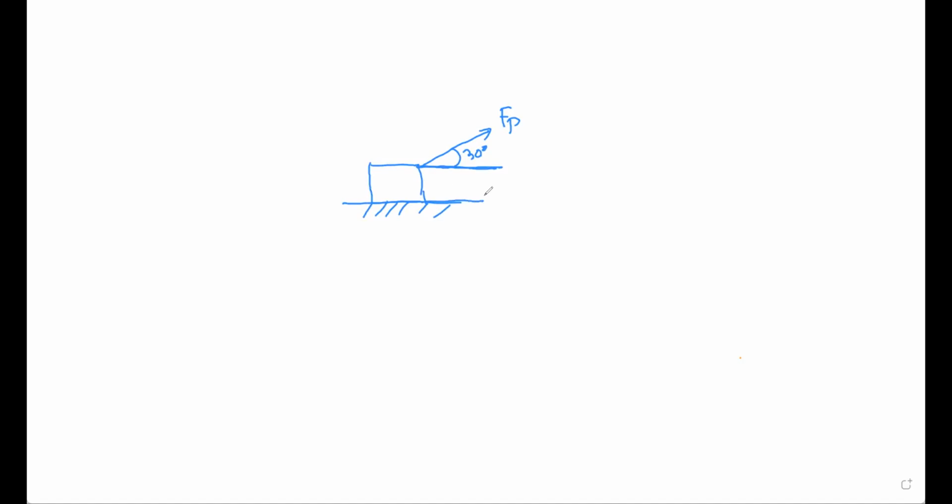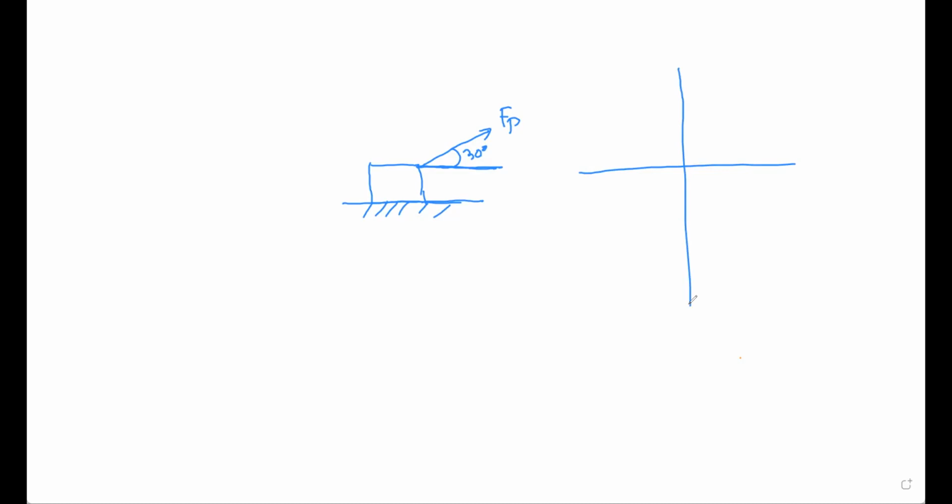When we have a problem like this, first we have to choose a coordinate system. Normally we choose this usual coordinate system, but sometimes it may be a little bit different. We'll be discussing this today, at least for an inclined plane problem.